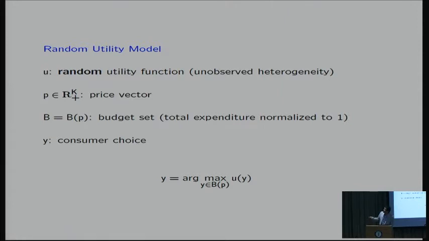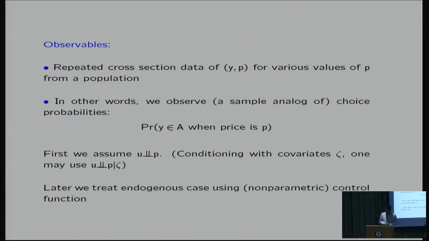To fix notation, P is the price vector, and total expenditure is normalized to 1. So you can think of P as the actual price divided by total expenditure, or income. If you don't like this notation, you can still keep both price and income in the budget set function B of P, and that's okay with me. Anyway, that's really basic.